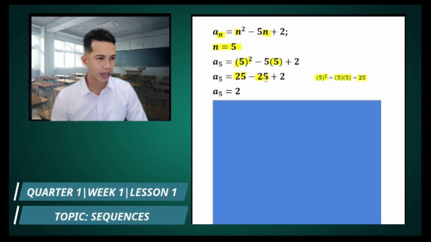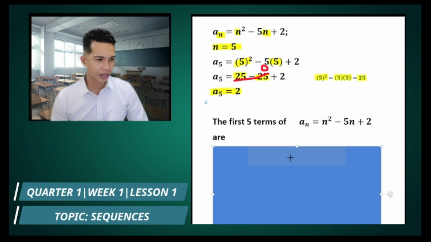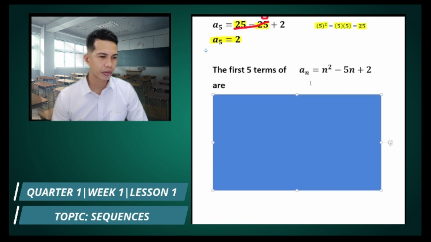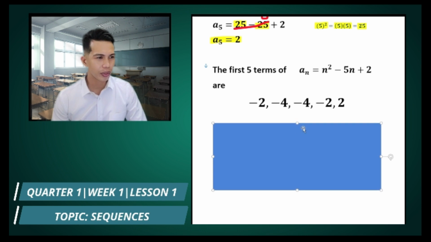Since 25 minus 25 is equal to 0 plus 2, our fifth term is 2. Therefore, the first 5 terms of the sequence a sub n equal to n squared minus 5n plus 2 are the following: negative 2, negative 4, negative 4, negative 2, and positive 2.